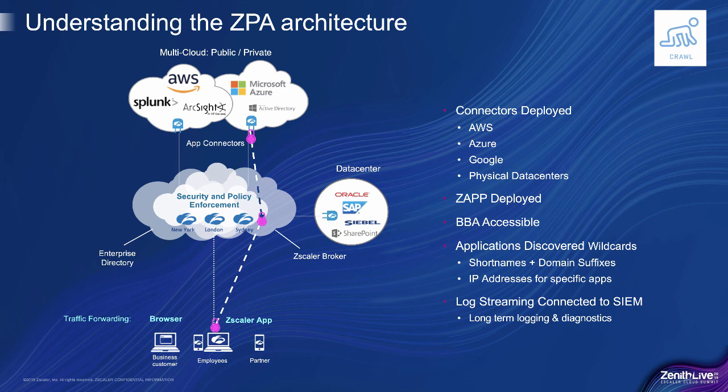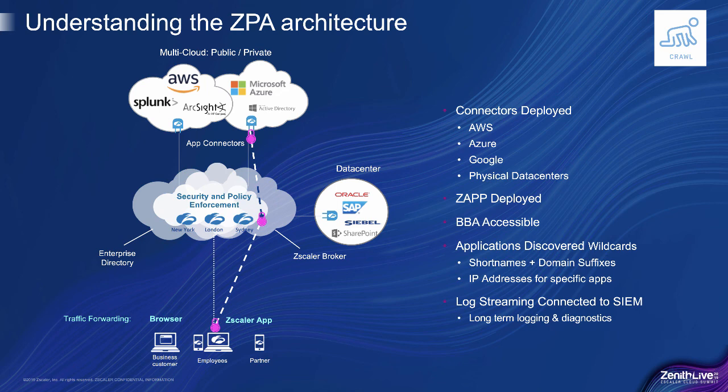And so all of those connectors need to be able to talk to all of the Zscaler brokers, because no matter where your user is in the globe, as I'm traveling around the globe, I will always connect to the closest Zscaler broker or the Zscaler Zen that I'm closest to. And it's that Zen that therefore brokers the request for my application access.